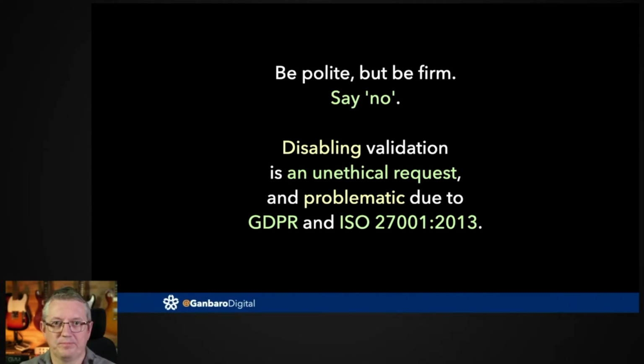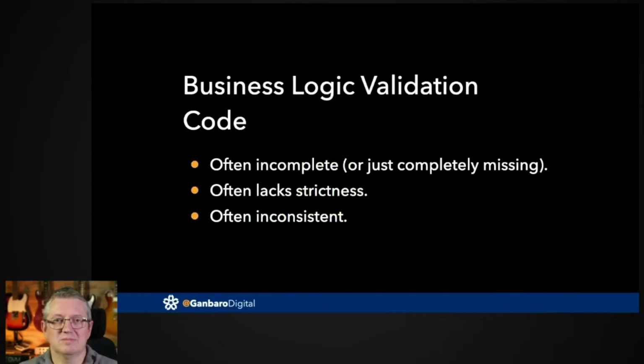Say no. See, I've got some sympathy with the idea that business logic, the business code, should be doing validation. But we're back to it being handcrafted validation, which means it's got all the problems that we discussed earlier. It's inconsistent, or sometimes even missing. It's often not strict enough, and it's often inconsistent.